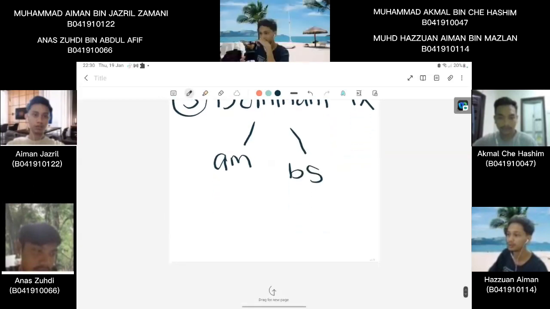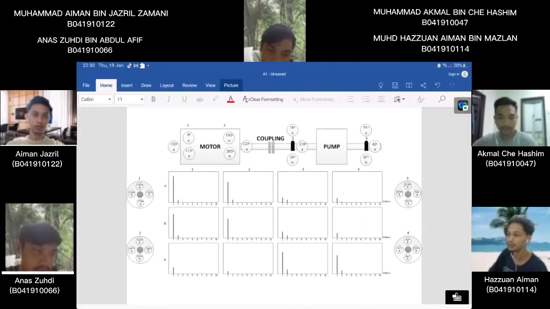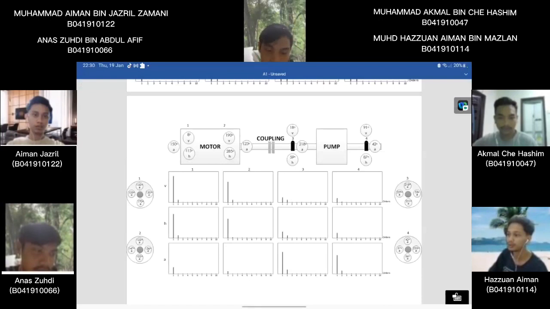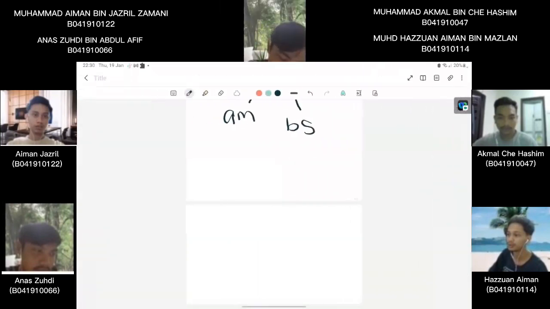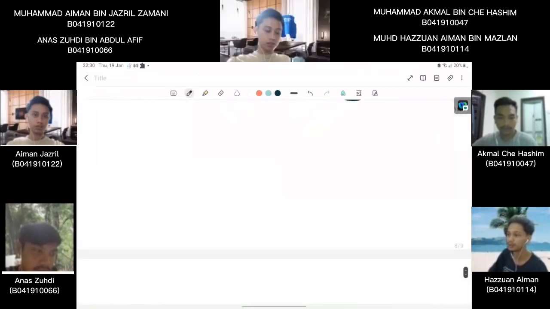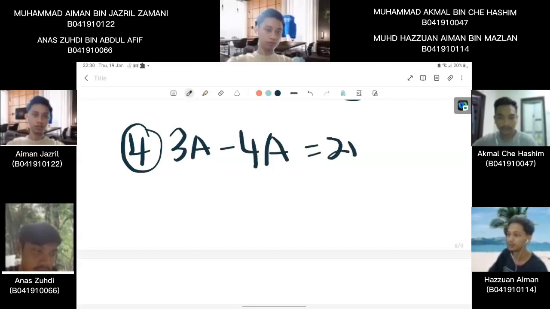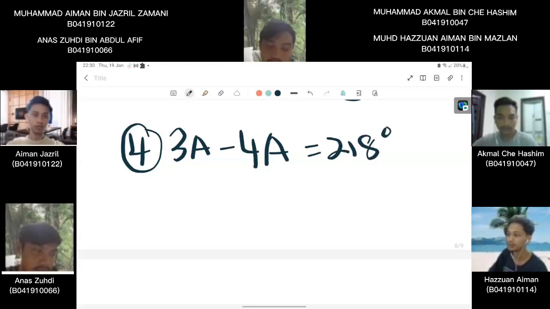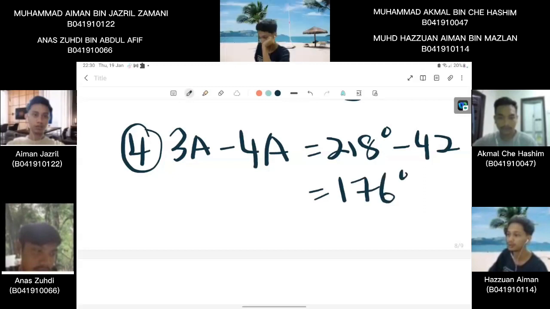To confirm it, we have to find the phase difference, to know which fault it is. For the pump we have 3A minus 4A. The fourth criterion is 3A minus 4A: 218 minus 42, we got 176 degrees.